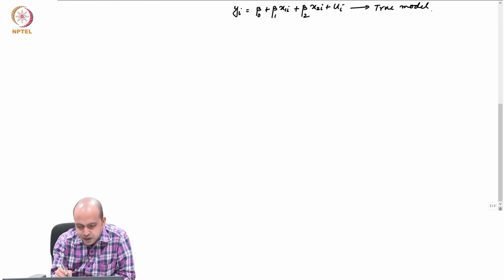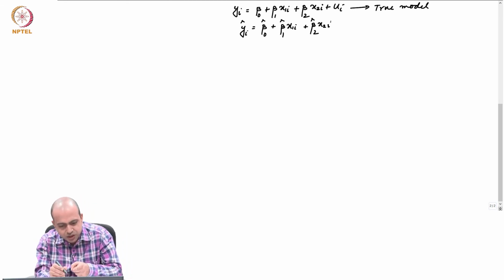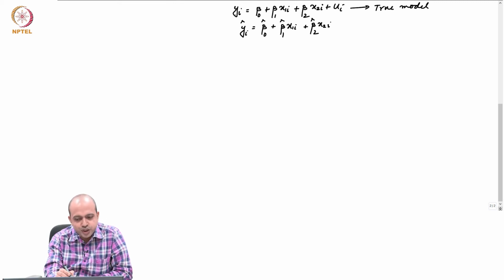And if you estimate the true model, you will get yi hat equals beta 0 hat plus beta 1 hat x1i plus beta 2 hat x2i. Okay. So, in this model our wage is determined by x1i and x2i, where x1i is education and x2i is ability.